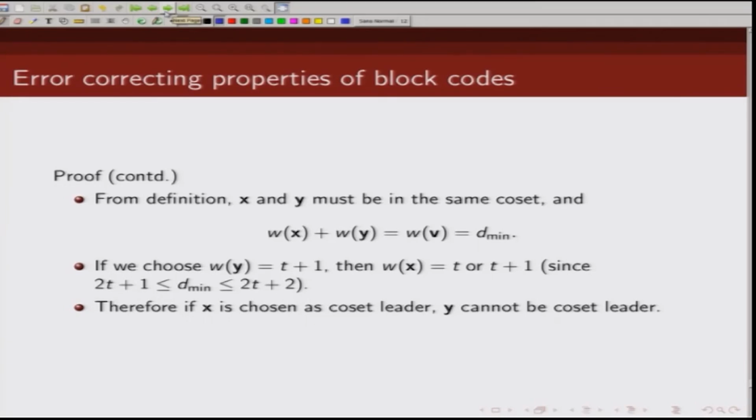So, if we choose x to be our coset leader, then we cannot choose y as our coset leader. You can see, because x and y are in the same coset, and the weight of x is t or t plus 1, whereas the weight of y is t plus 1.